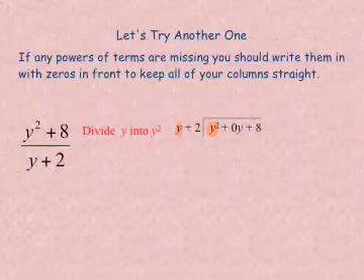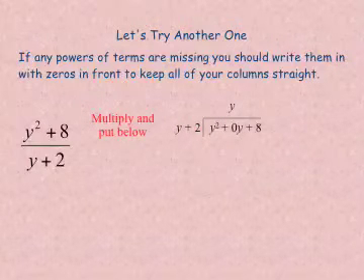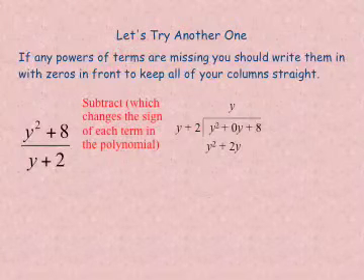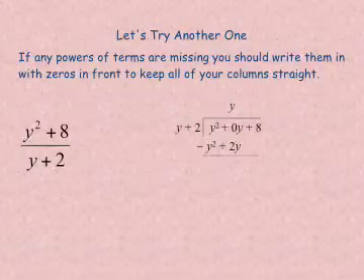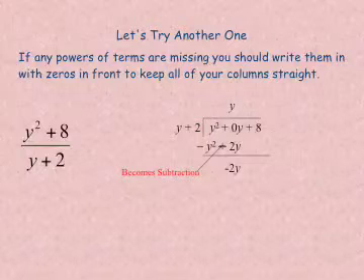Then we'll go through the process, deciding what to multiply by, doing the multiplication, and subtracting, making sure to change the signs. And in this particular case, that plus there becomes subtraction.